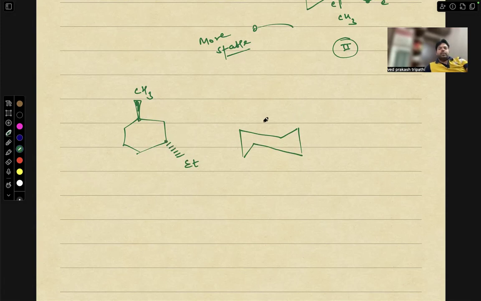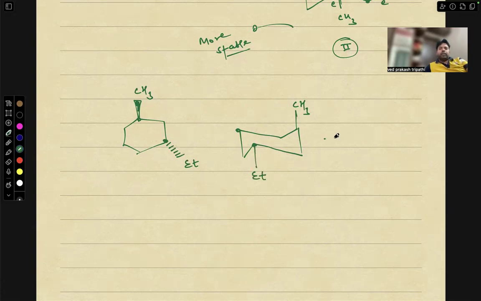You can start any one as 1. So this is up. This is down, number 3 position. Number 3 is down, which means you can keep this one as number 3 or this one as number 3 from both sides. Suppose this one I am talking about. So down means here ethyl.